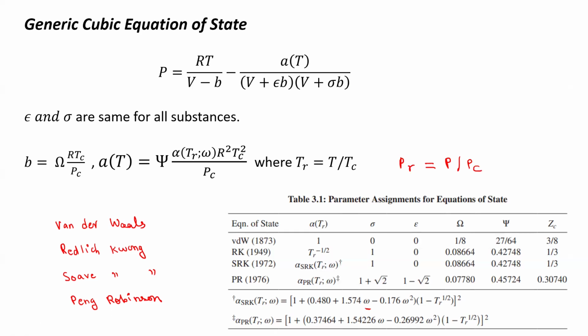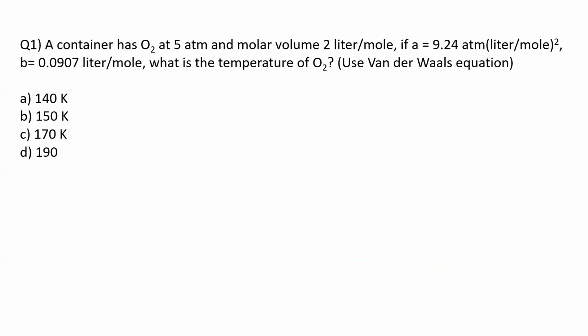We'll go through some questions. A container has O2 at 5 atmosphere and molar volume of 2 liter per mole.